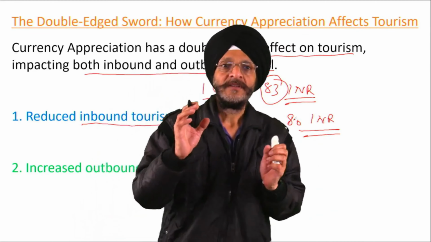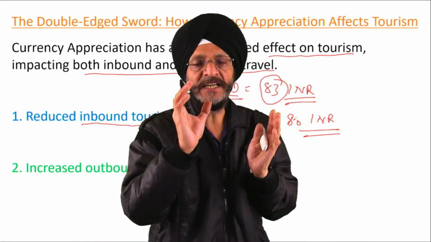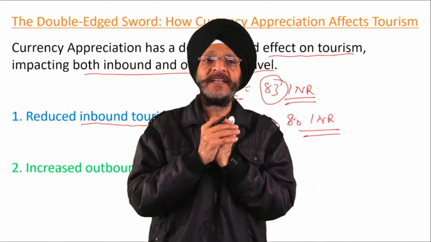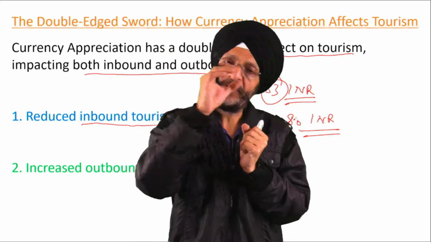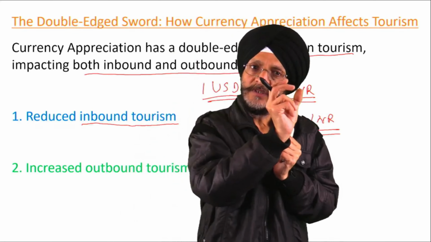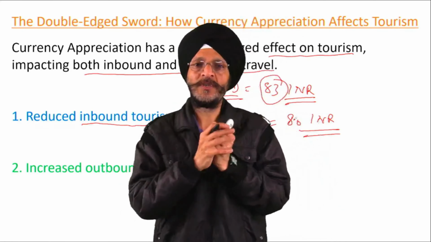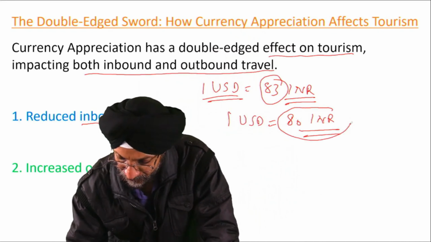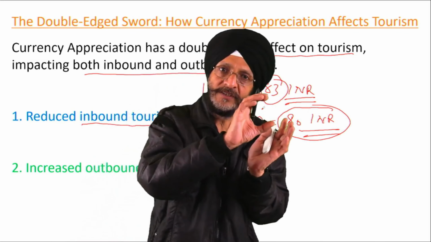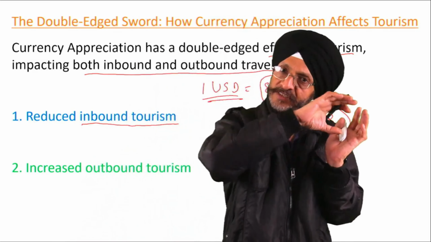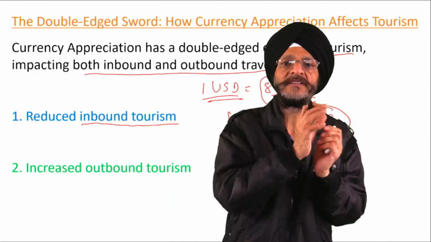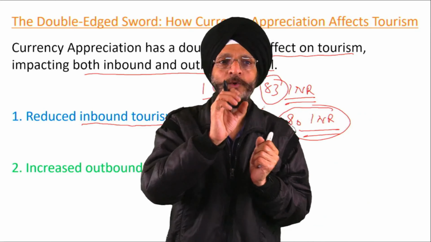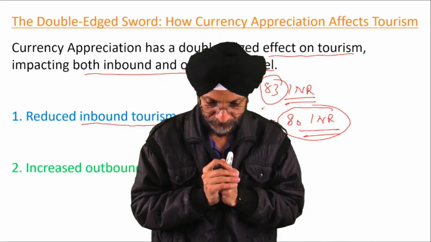That is, now the tourists from USA will get less Indian rupees in return for 1 unit of US dollar. So when they get less in return for the same US dollars which they are spending, it will naturally adversely affect the tourism industry also.